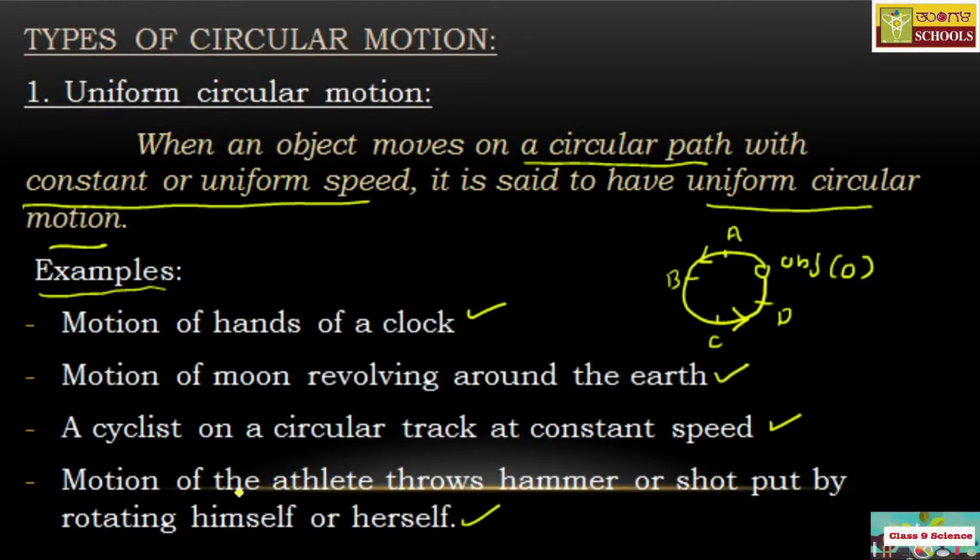Remember, these two examples may be uniform or may not be uniform. If they maintain uniformity, then it is uniform circular motion. If not, then that is non-uniform circular motion. I hope you got these two examples right.